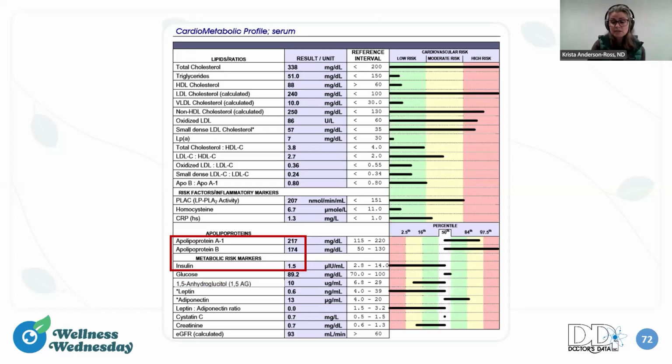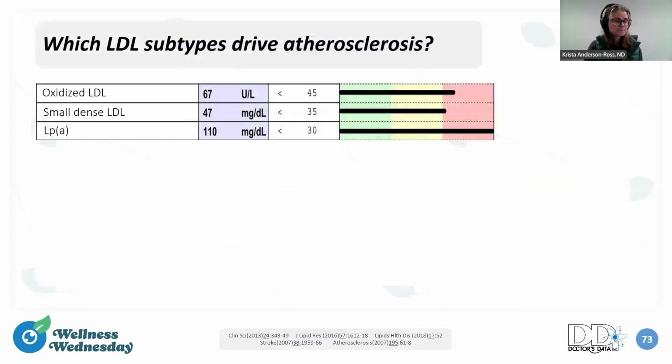All of this well before disease is actually going to present. So the big takeaway is that this panel provides a proactive early detection view of cardiometabolic health that goes far beyond a standard lipid panel, allowing us to identify at-risk patients early and to intervene effectively.